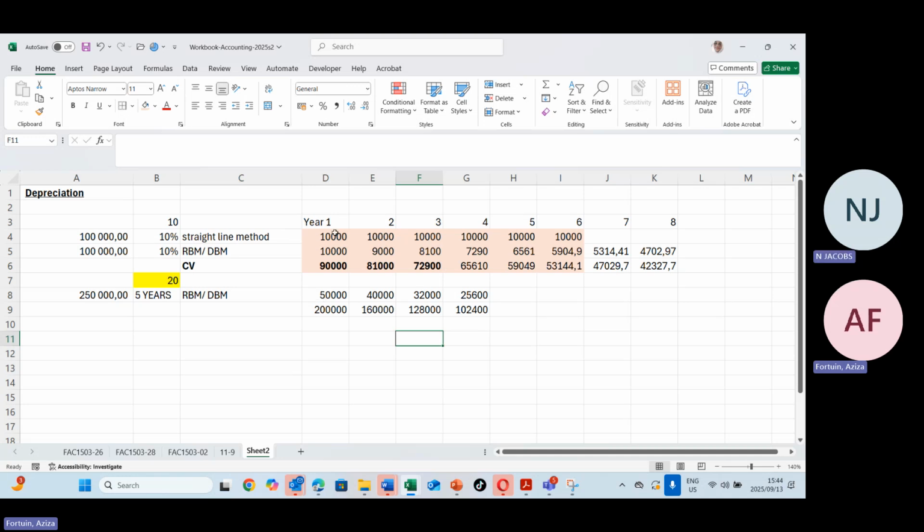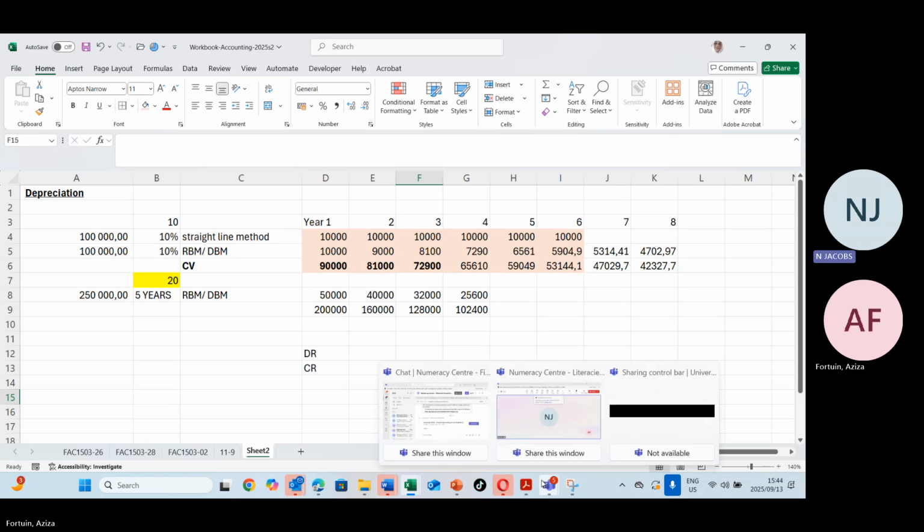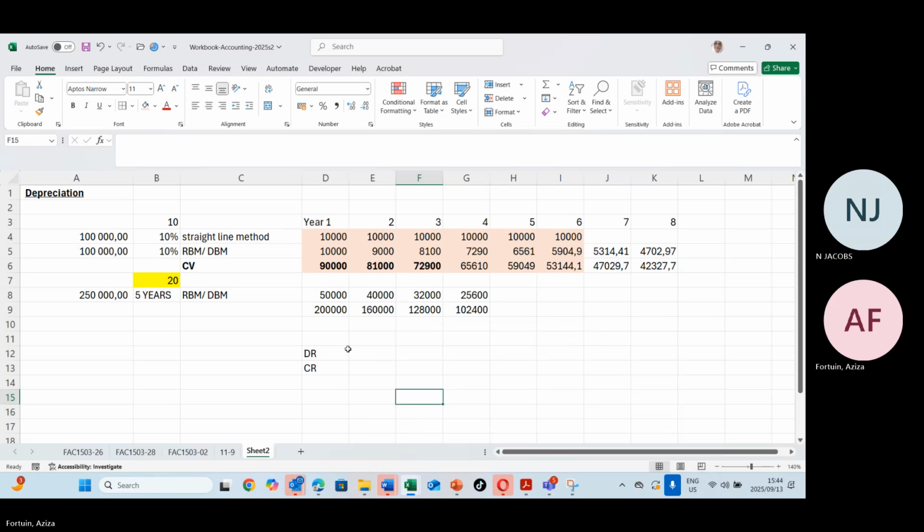Okay, now I want you to do the journal entries for these that are highlighted. So you're going to debit what? Credit what? The highlighted amounts. Yes. I know depreciation is a debit.